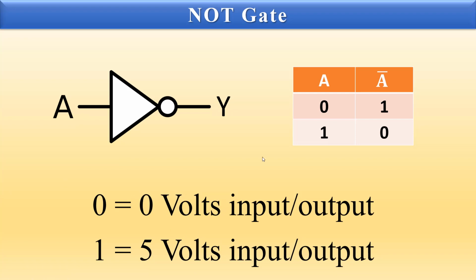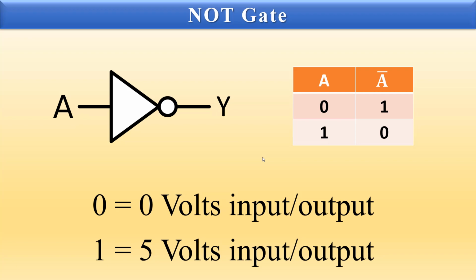So we have seen that the AND operator in Boolean algebra is replaced by the AND gate. The OR operator in Boolean algebra is replaced by the OR gate, and the NOT operator in Boolean algebra, or the complement operator, is replaced by the NOT gate.